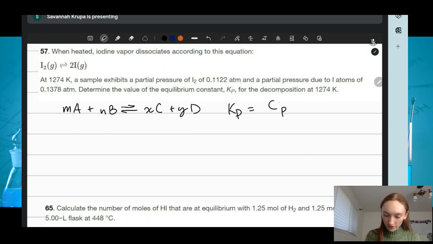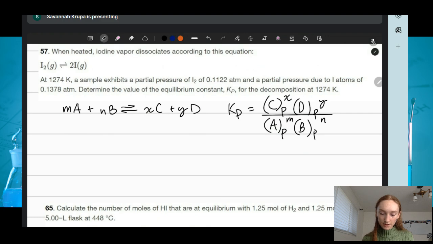We're working with pressure here, so it's the pressure of all the products raised to their coefficients and multiplied by each other, and then all divided by the reactants, also their pressures raised to their own coefficients and multiplied by each other. So this is the equation to use for finding the Kp.